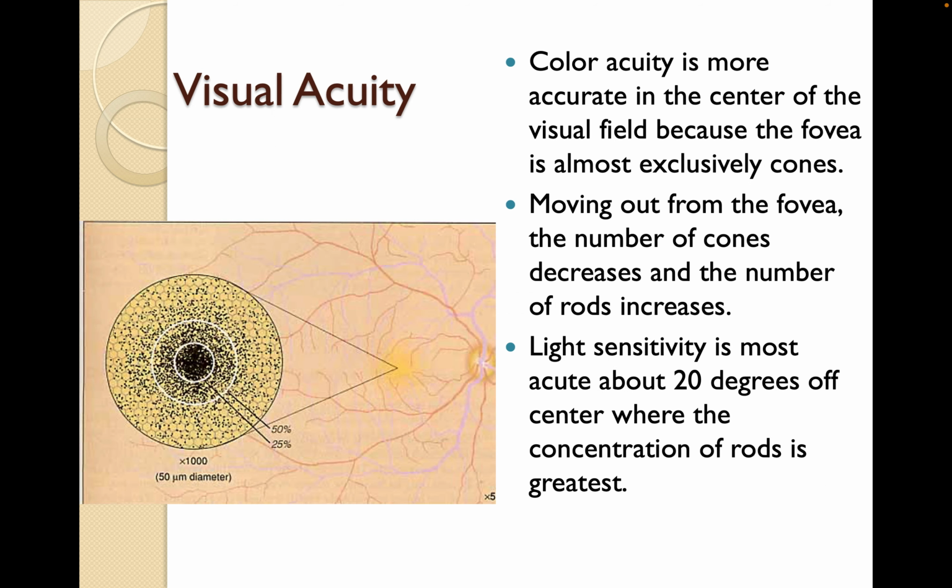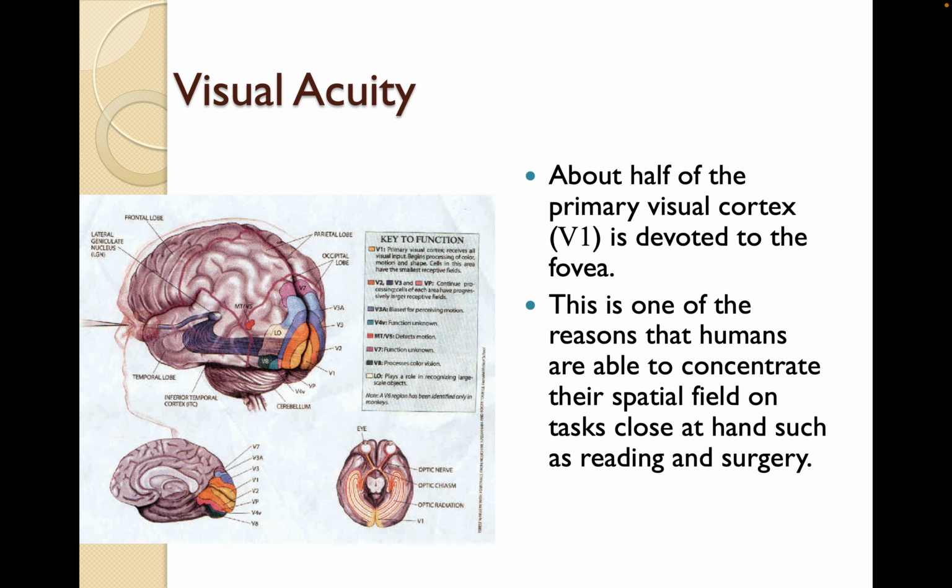Kind of interesting. Color acuity is more accurate in the center of the visual field because the fovea is almost exclusively cones. Moving out from the fovea, the number of cones decreases and the number of rods increases. Light sensitivity is most acute about 20 degrees off center, where the concentration of rods is greatest.